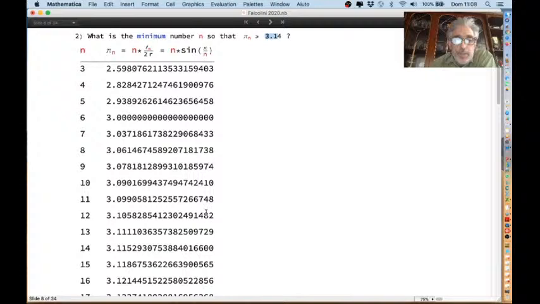If we want to see when pi n overcomes 3.1, so an approximation with 2 digits of precision of pi, it is for n equal to 12, the minimum n for such an approximation.